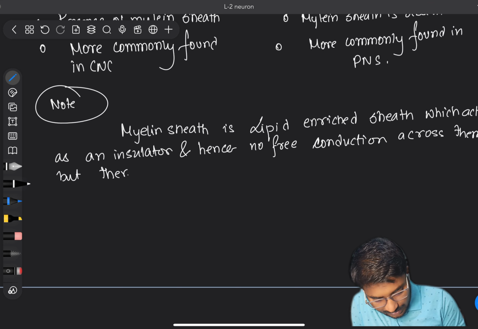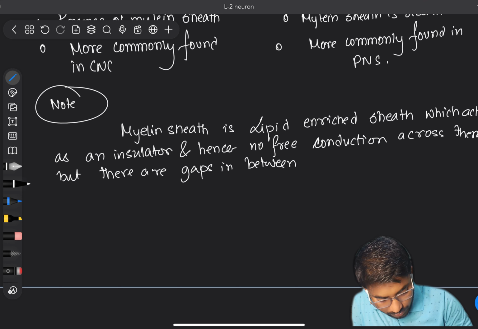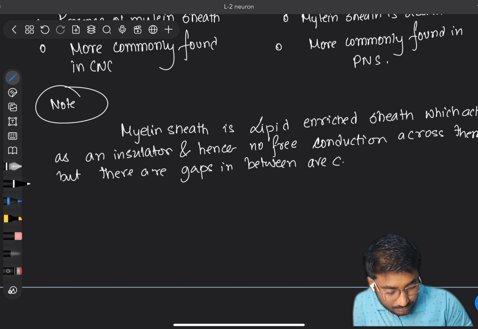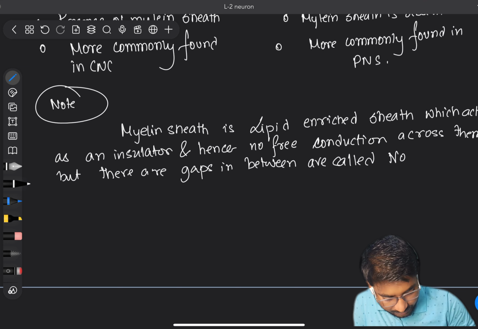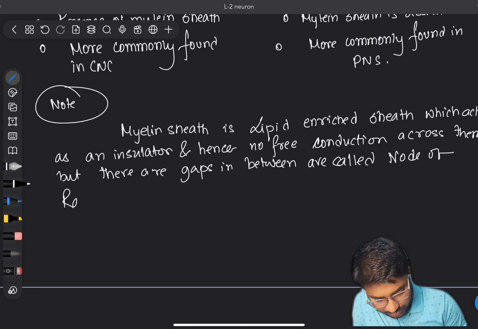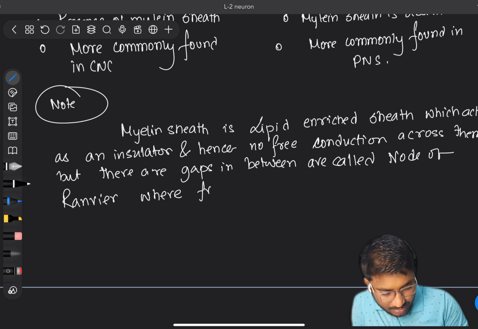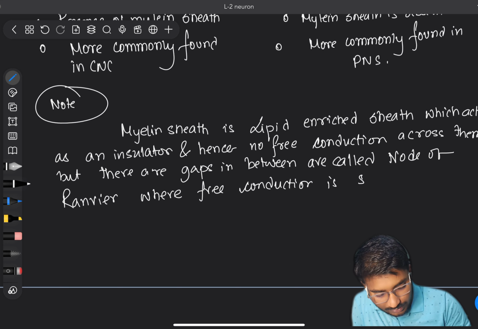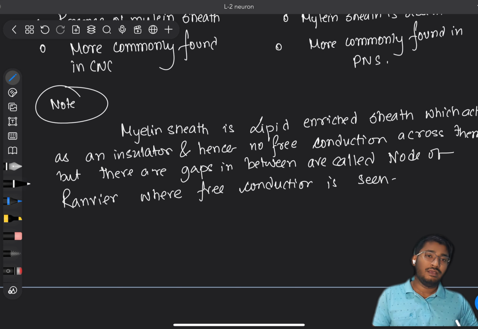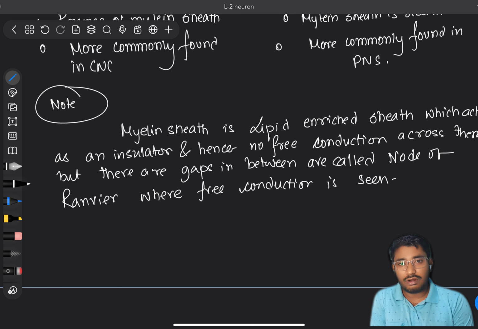But there are gaps in between, called nodes of Ranvier, where free conduction is seen.